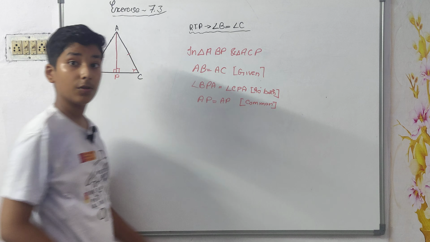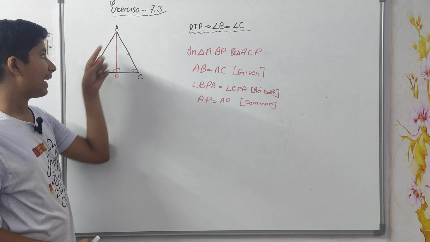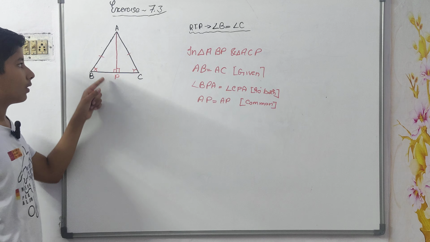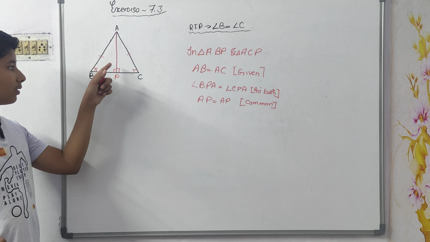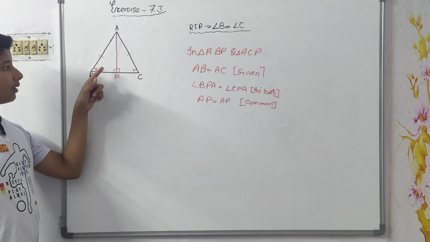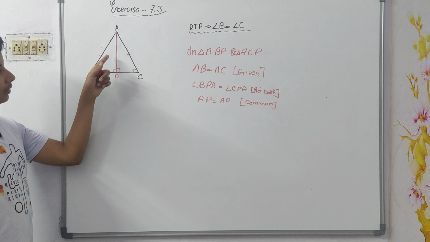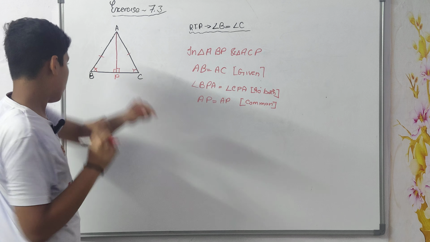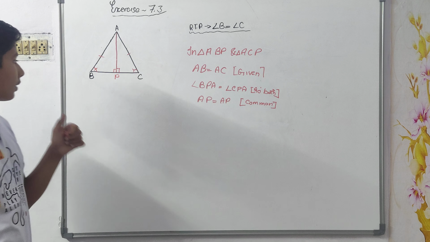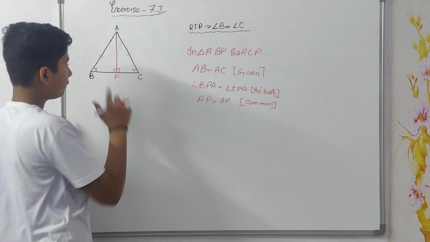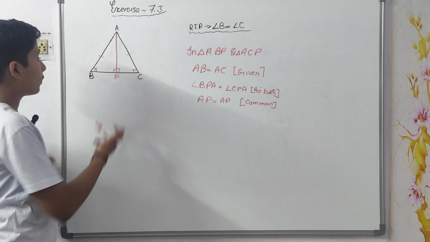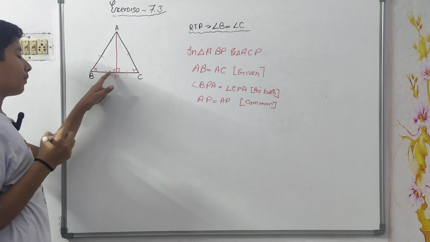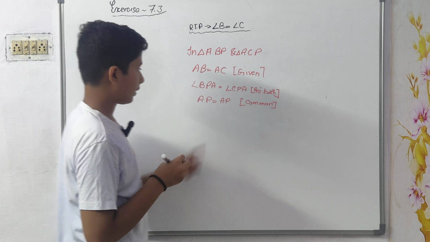Therefore, by which rule? Firstly, side, and angle, or angle, side, angle, side. No. Okay, so we have to use something else. Yes, we can use this. These two sides are equal because this is the perpendicular bisector.